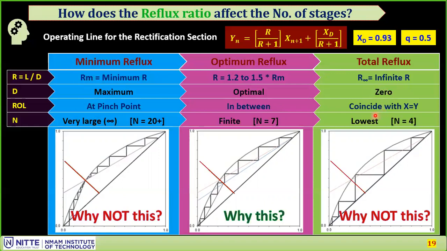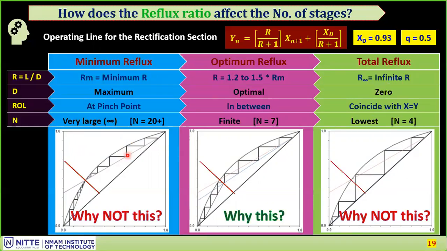Also, since there is no product, if at all you try to operate with this condition, your operating cost as well as total cost will increase. Very large total cost you will have. Whereas with minimum reflux ratio, you require a large number of stages, the tower height may increase, and you have very high fixed cost. In other words, maintenance cost and operating cost are also very high.